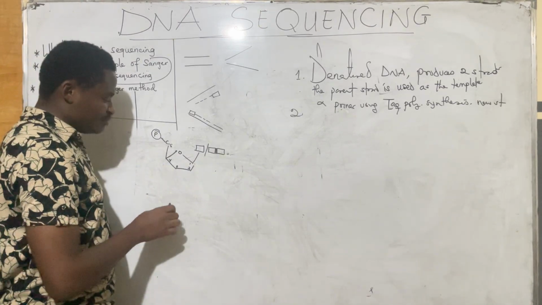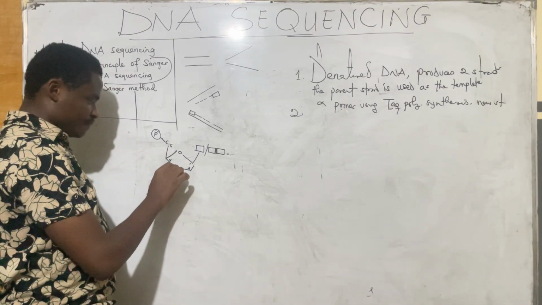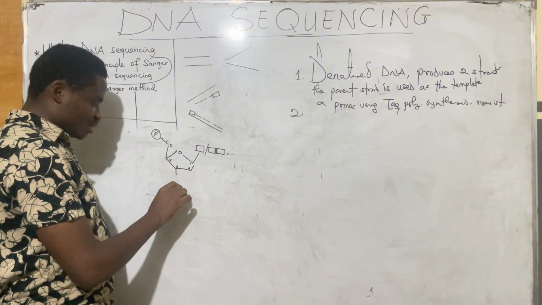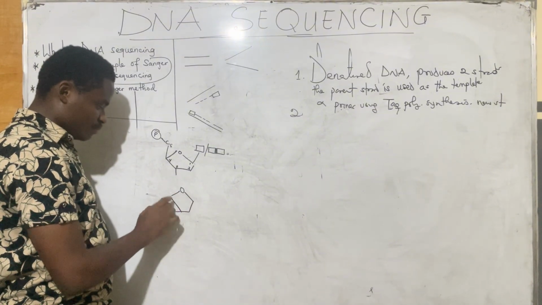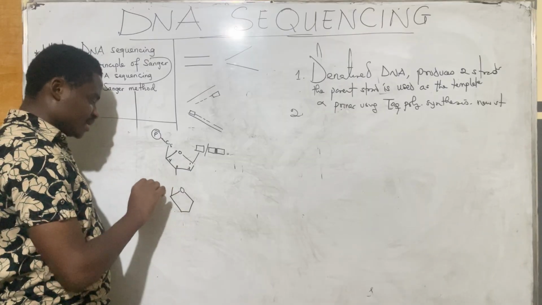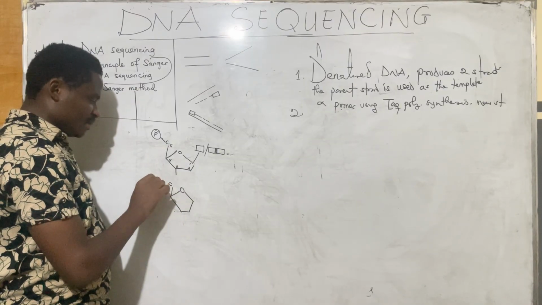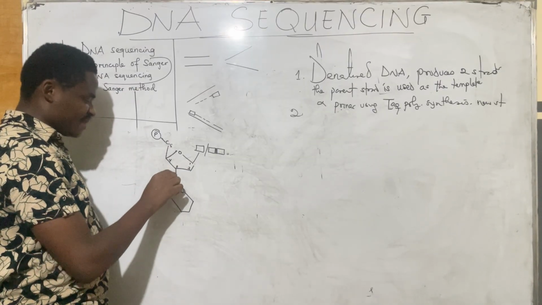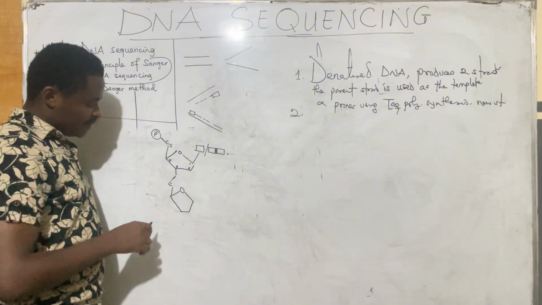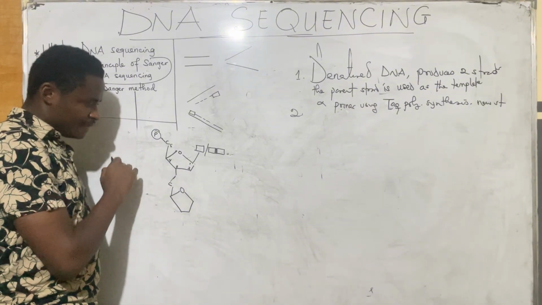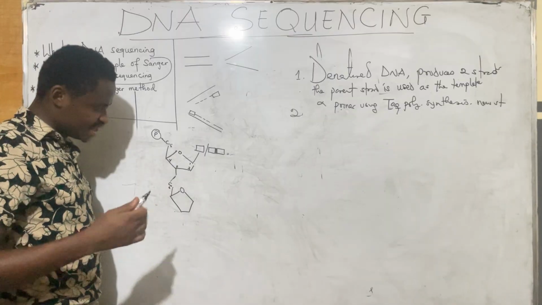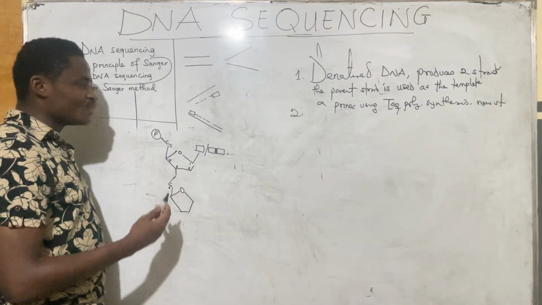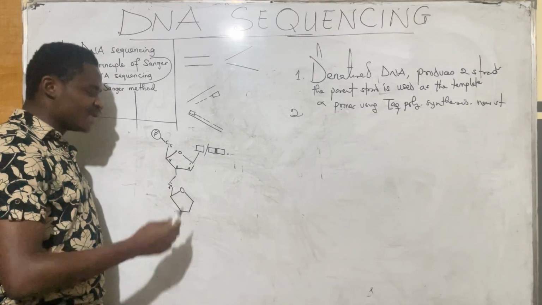Now, if we want to bring in another new one here, we bring in a new structure also. This structure is like this. Okay, and then here, carbon 5. This is carbon 5, and then carbon 5 makes a bond here. If carbon 3 of one makes a bond with carbon 5 of the adjacent one, it simply means we are building in the 3 to 5 direction.